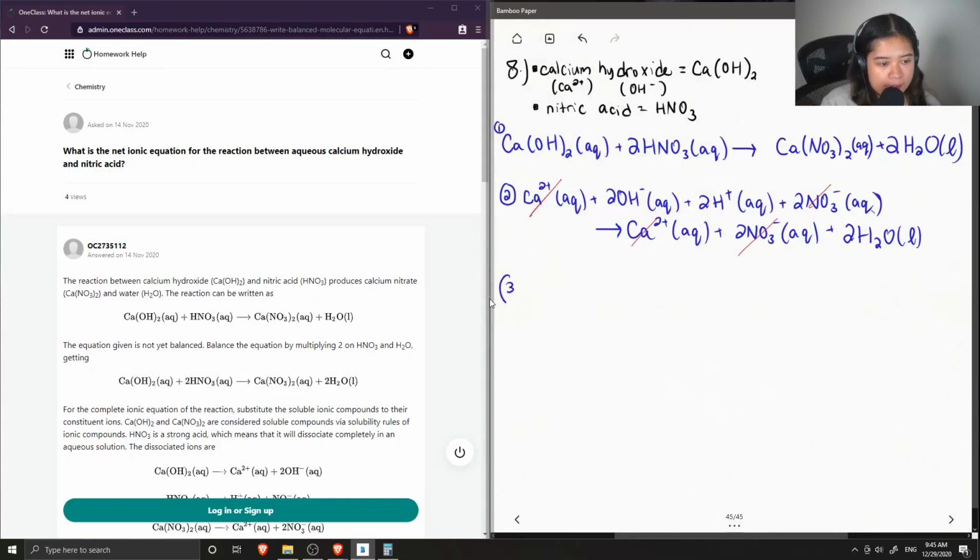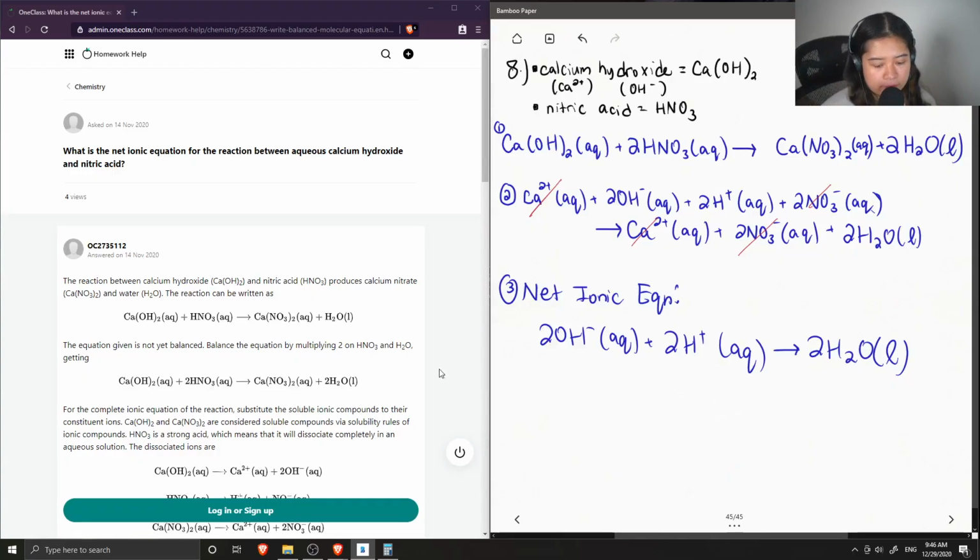And then everything else is our net ionic equation. So it is 2 hydroxide ions plus 2 protons makes 2 water molecules.